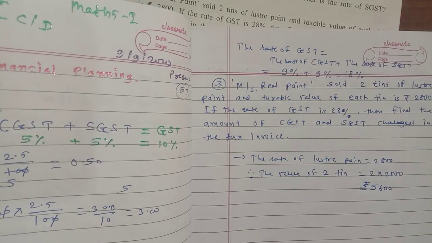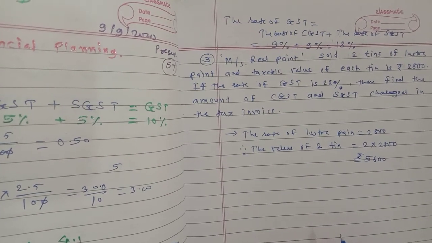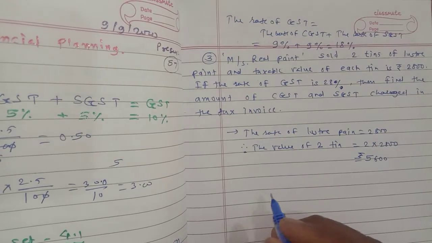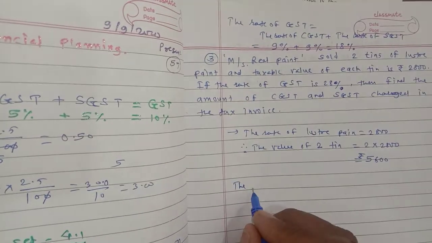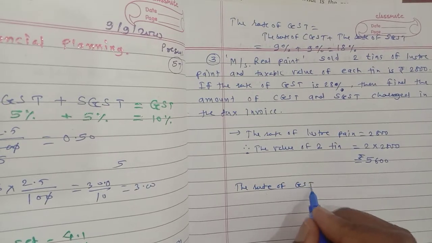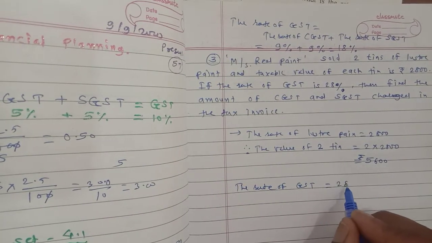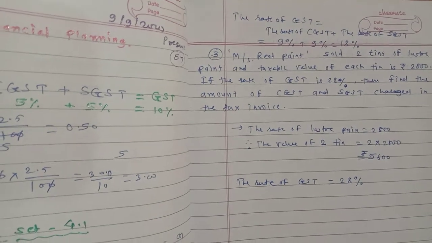The value of 2 tins is 5600 rupees. The rate of GST is 28%. The rate of GST is equal to 28%, given.